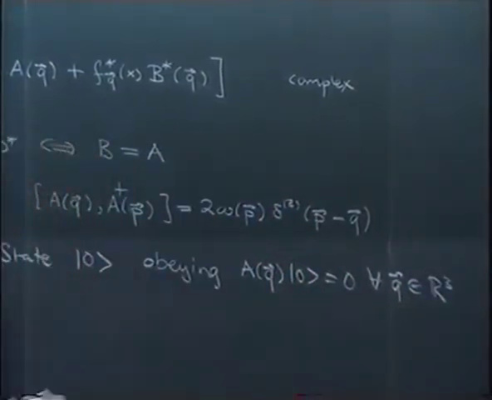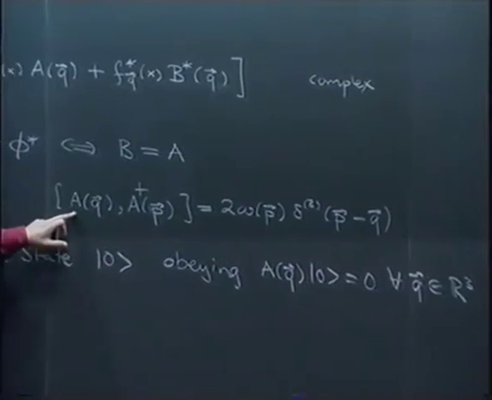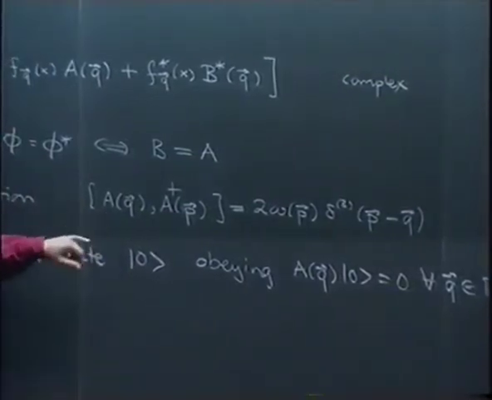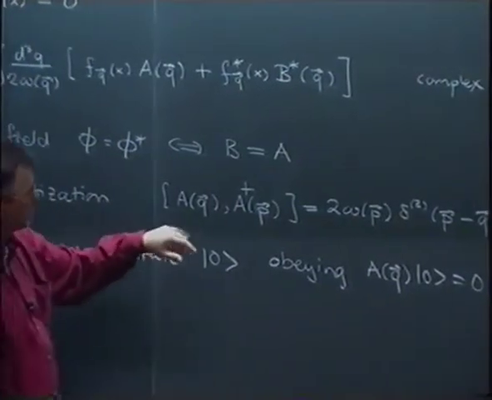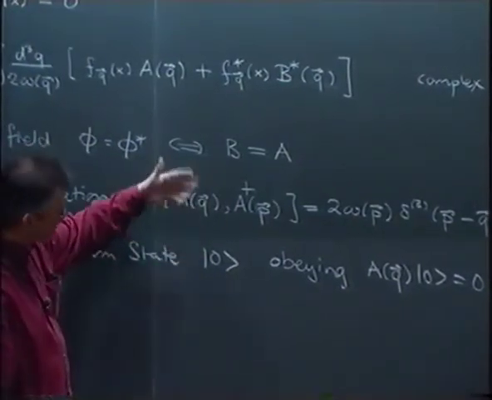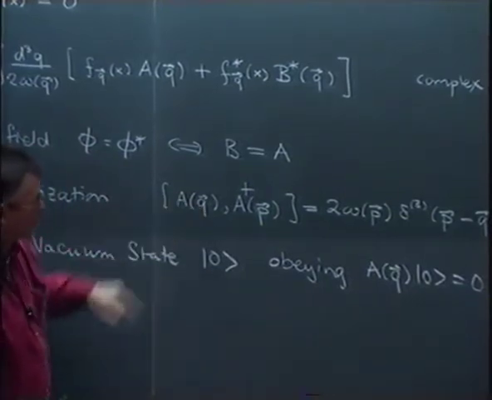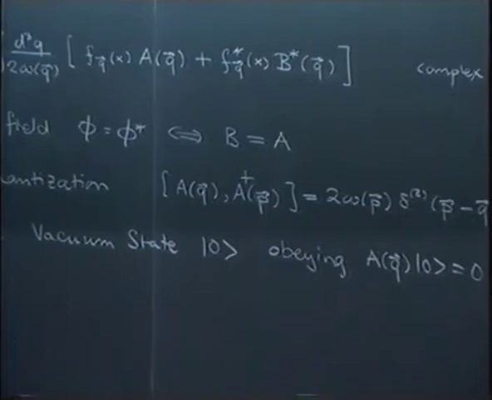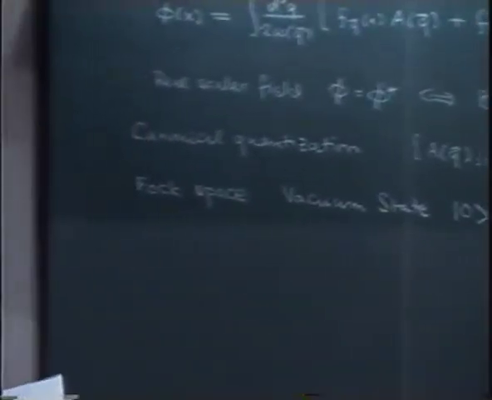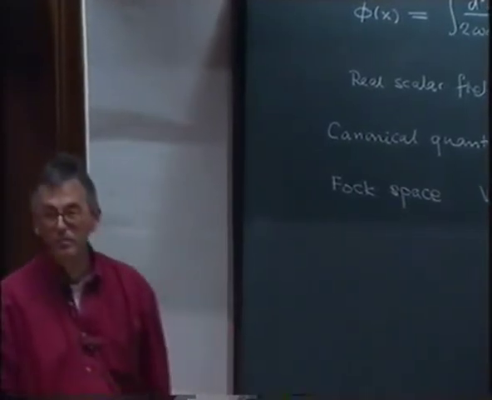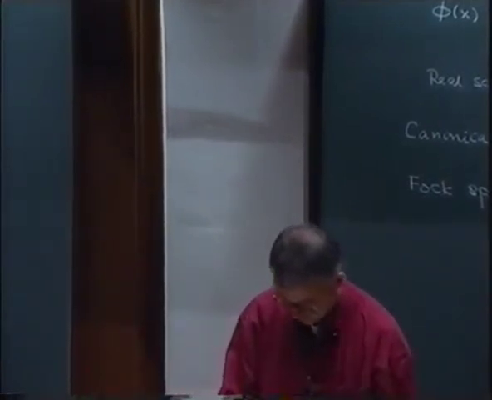And as I had explained yesterday, you can think of these things as an infinite collection of non-interacting harmonic oscillators, and this continuous infinity is labeled by the three-momenta. So then n-particle states are built by acting on this vacuum with the creation operators, and you can act with an arbitrary number of creation operators.